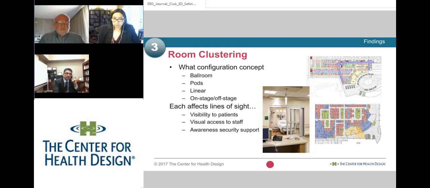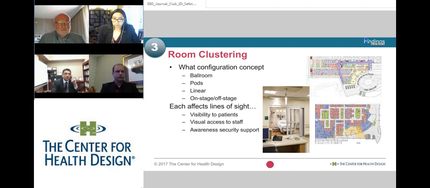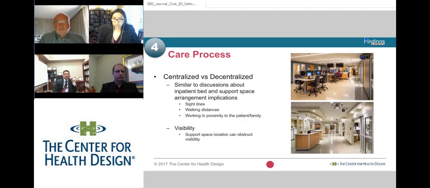So room clustering is the way we cluster the rooms vis-a-vis each team inside the ED, or the ED as a whole. And then when we go to the care process, this is about how we locate the support spaces: the medication, the supplies, the documentation areas, equipment. Where are these located? And again, it all goes back to one critical issue, that is, are people really visible to one another from the staff perspective, and are all the patients visible for each staff?